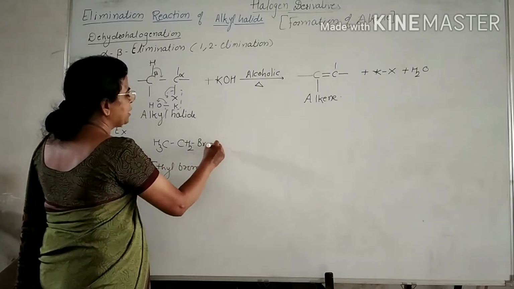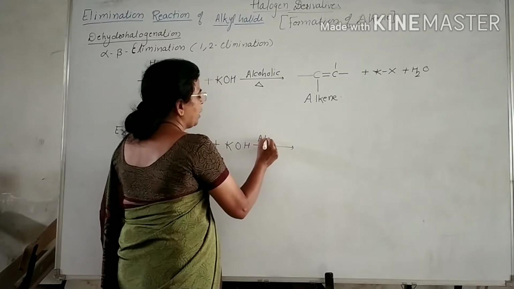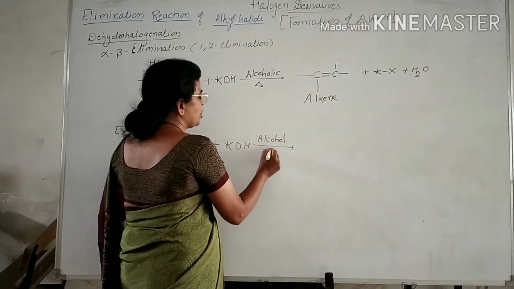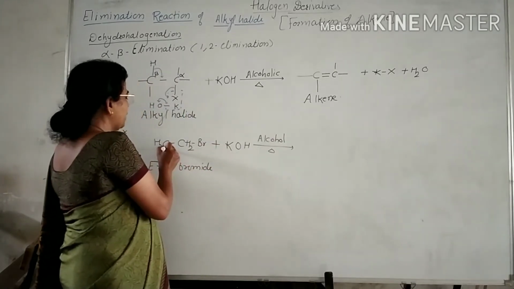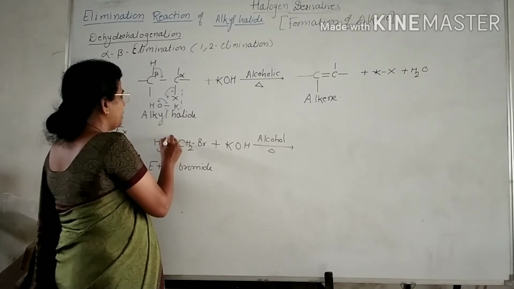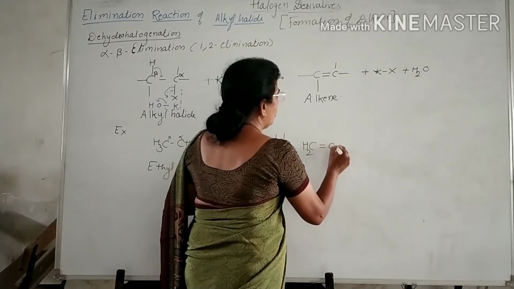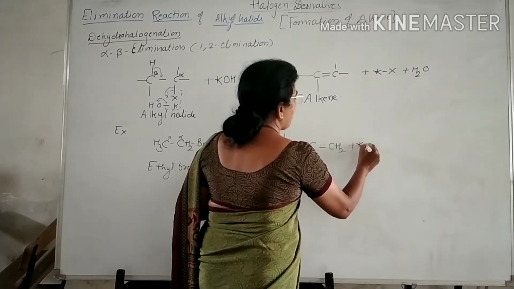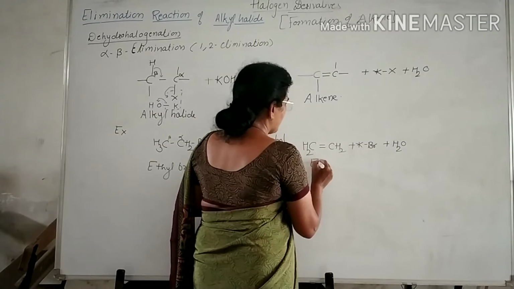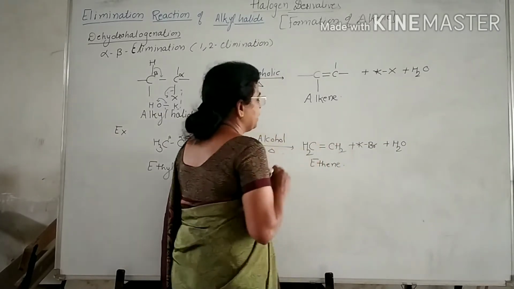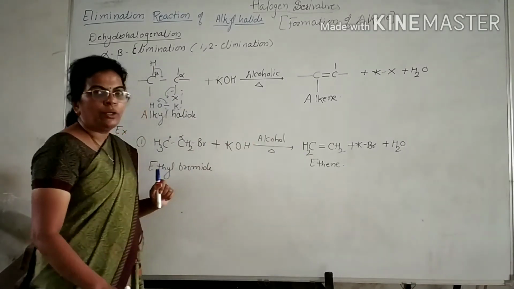When this ethyl bromide is boiled with alcoholic KOH, that is, alcohol is used as a reagent, then KBr is removed, one hydrogen atom from this beta carbon atom is removed, and we get CH2 double bond CH2 plus KBr plus H2O. This is ethene. Formation of ethene takes place. This is the first example, that is ethyl bromide is converted into ethene.